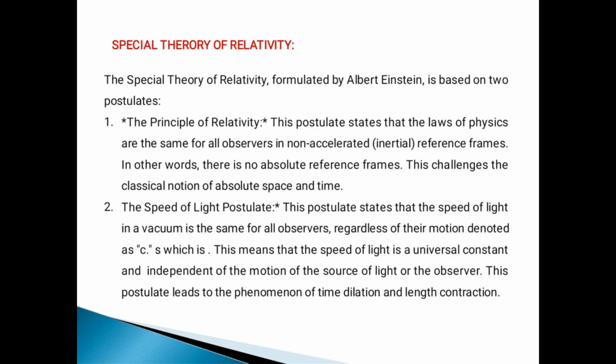Now we are going to discuss the postulates of the special theory of relativity. An extension of the principle of relativity to the fields of electrodynamics and optics demands the constancy of the speed of light in vacuum in all inertial systems. This fact is verified by the negative result of the Michelson-Morley experiment.